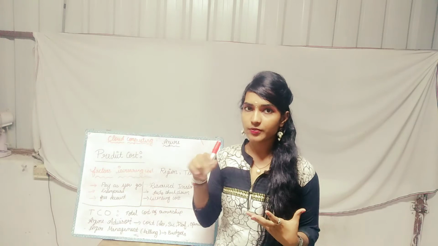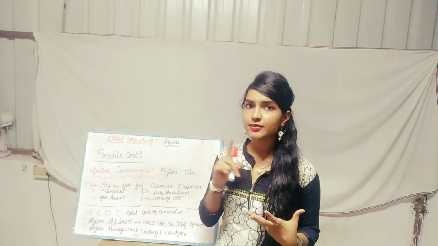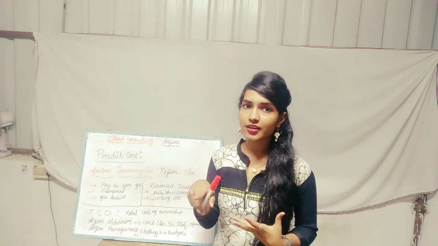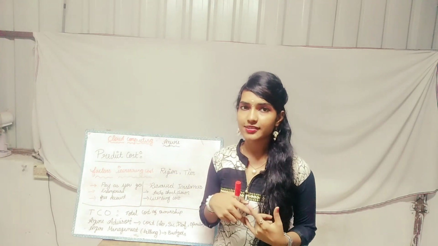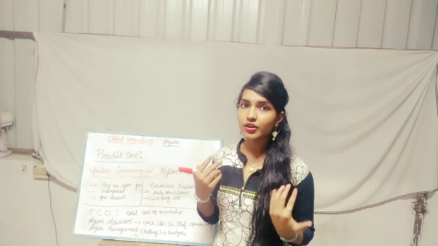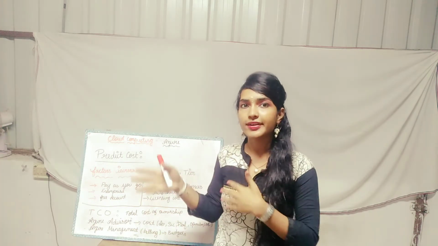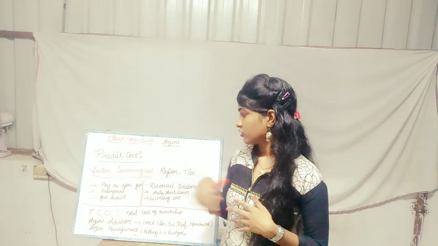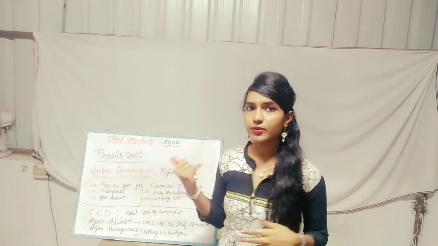The storage cost will be low, but the retrieving cost will be somewhat high. Hot tier means the data which will be frequently used is stored in hot tier. Archive tier, with the name itself you can understand. The data which will not be used now and will be used later is kept in archive storage. So depending on that also the cost varies.